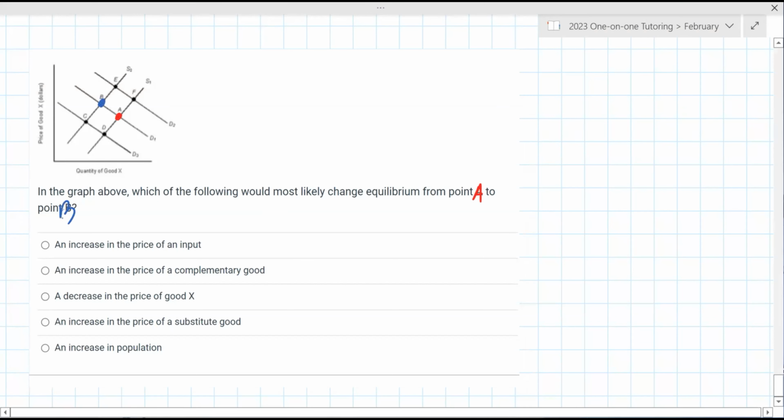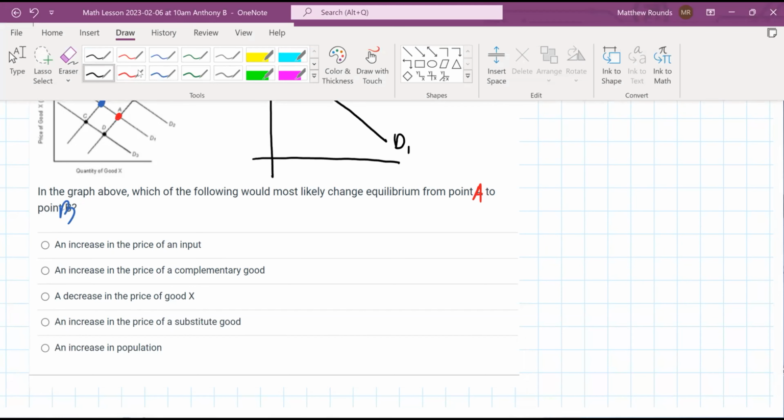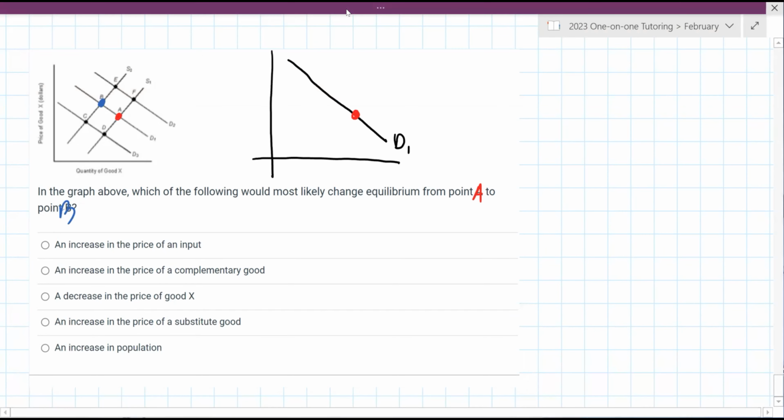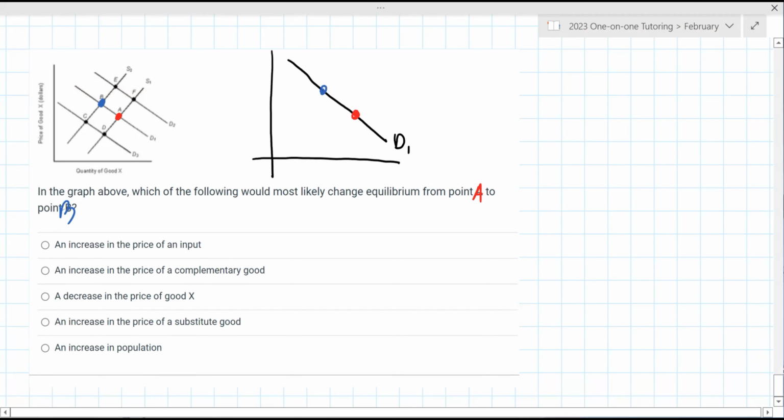And I don't know if you remember geometry, but there's like extra lines potentially. So here's possibility number 1 to go from A to B. You could be just on the demand curve. Like you could literally just be sliding along the demand curve, which is a change in price.